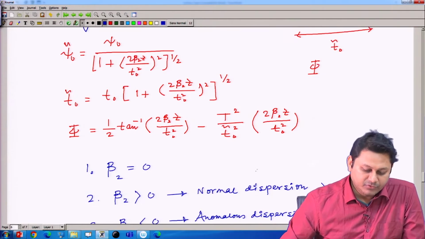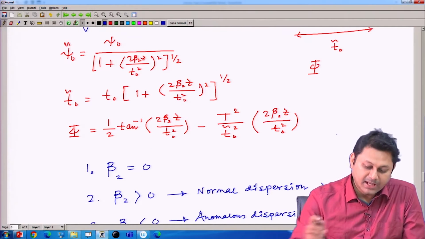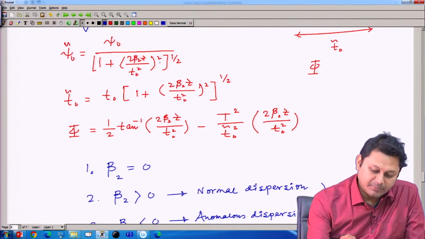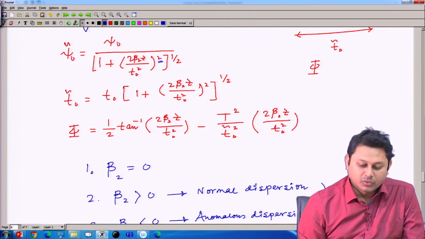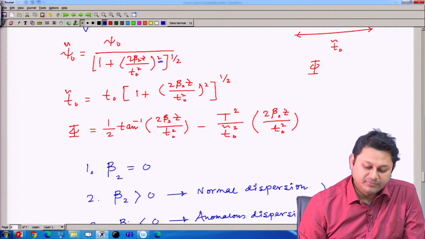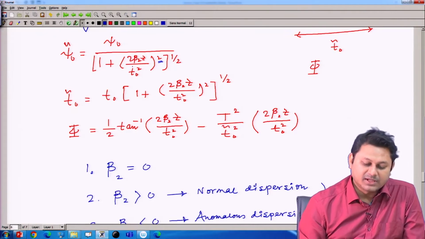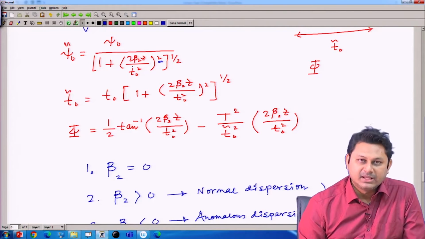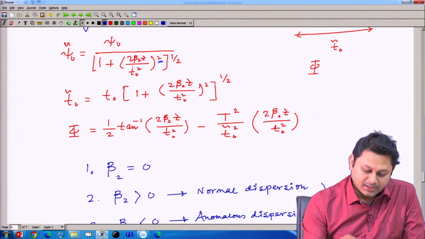If you look very carefully at this equation, here we have a squared term in amplitude. So, if beta is positive or negative, in both cases it is not going to change. That means the amplitude will decay for both positive and negative beta. In this term also I have a square.